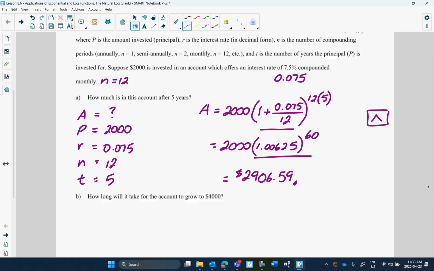Or some of you may have this or this. What's that? Decimal? How many? Oh yeah, because it's money. Right? Money is always 2 decimal places. Always.